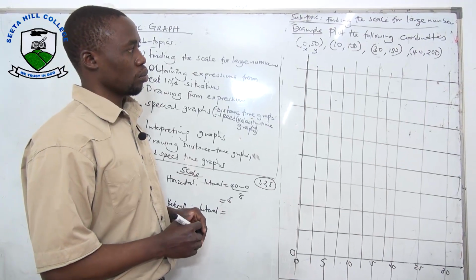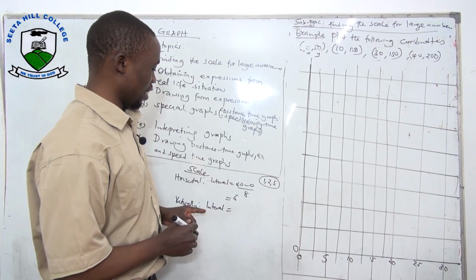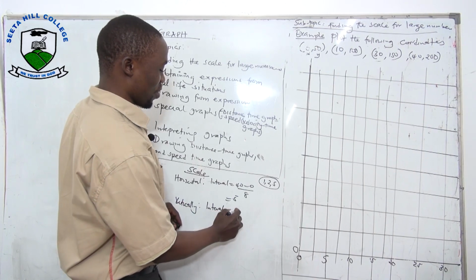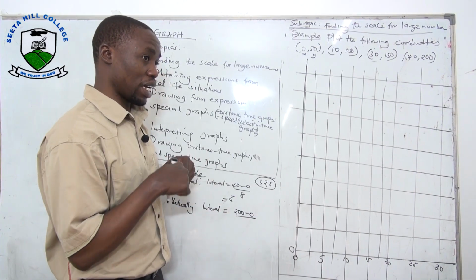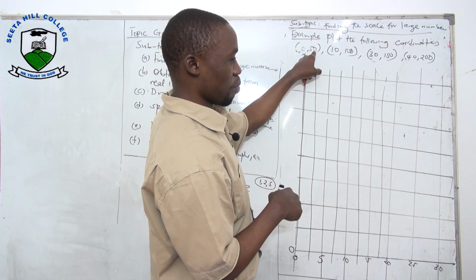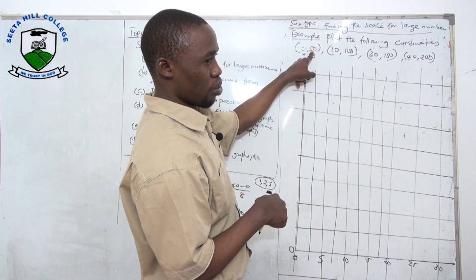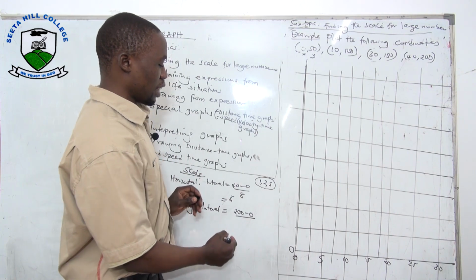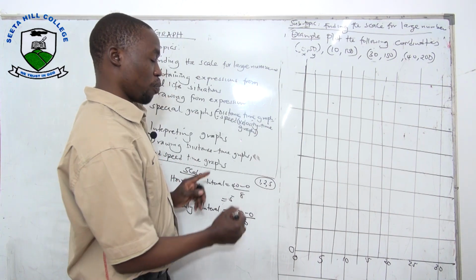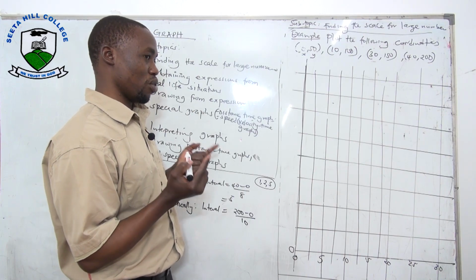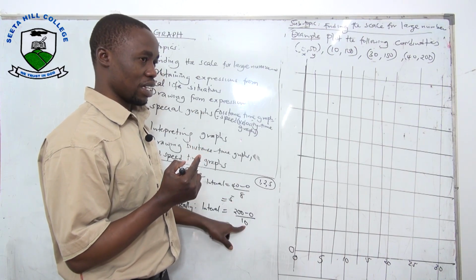200 minus 50, but we are starting from 0. That will be 200. You decide where you are going to start from, not what's here, because you've changed the starting point. Therefore, vertically we had how many boxes? 2 centimeters, 10. Now keep in mind, every time you will be using 8 and 10.